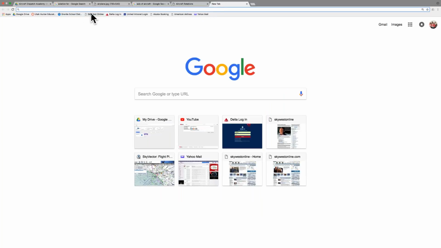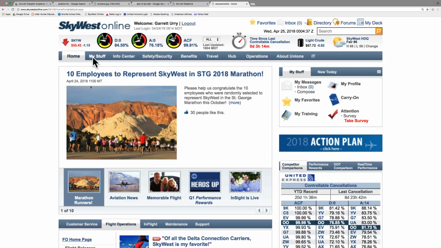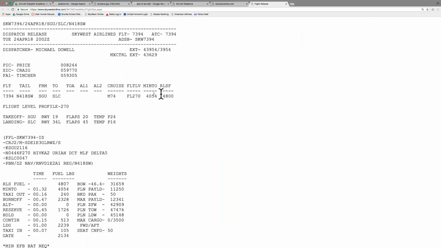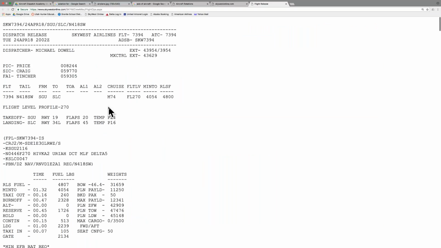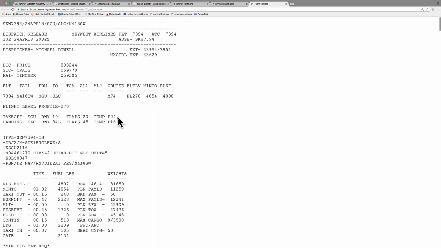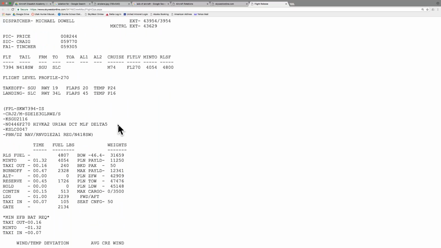I'll jump back on there really quick. So all of this information that you see here, we push a button to tell the computer to run it. Basically, we'll input data, and then the computer will run the actual numbers to calculate things like fuel.